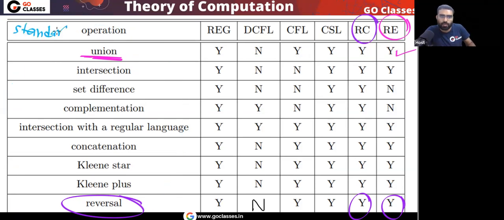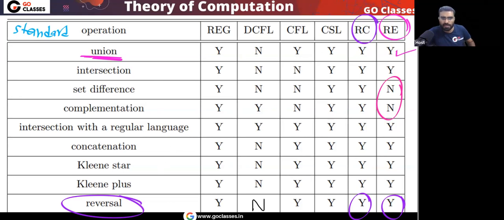And RE languages are also closed under most of the standard operations, except set difference and complementation.